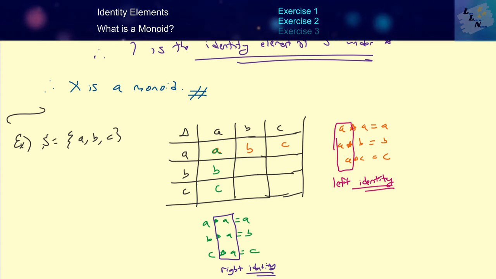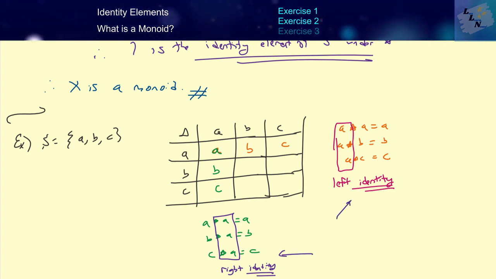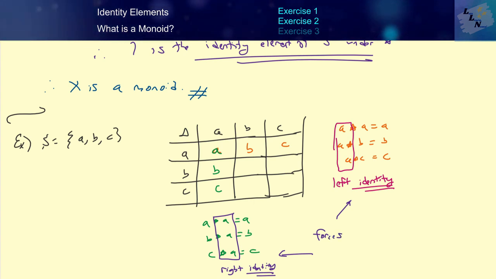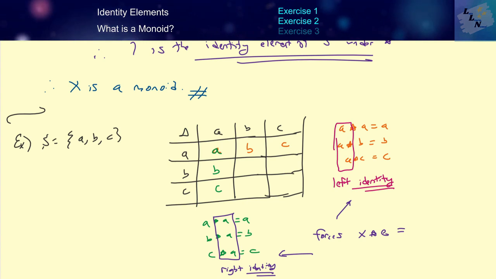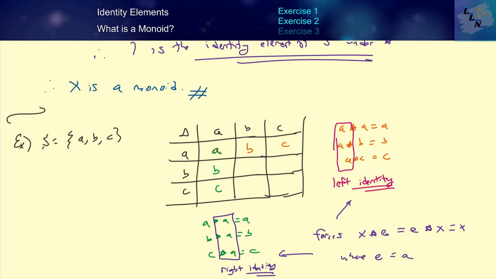So in this particular case, this forces x star e to be equal to e star x to be equal to x, where the identity element e is equal to a in both of these cases, right?